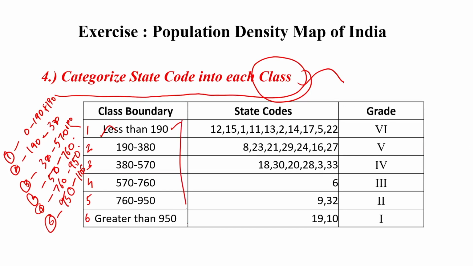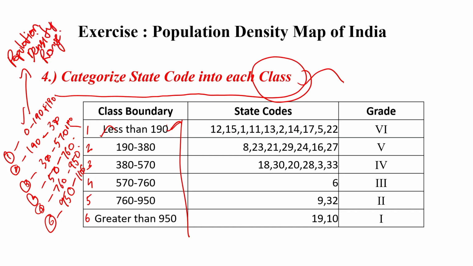Now, I have got the class interval, so I know what the class boundaries are and I know the number of classes. Now, for each and every class boundary I am going to check which states are falling within this boundary. So, this 0 to 190, 190 to 380, 380 to 570, all these things are nothing but your population density range.